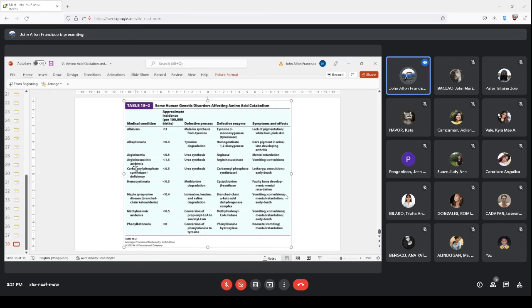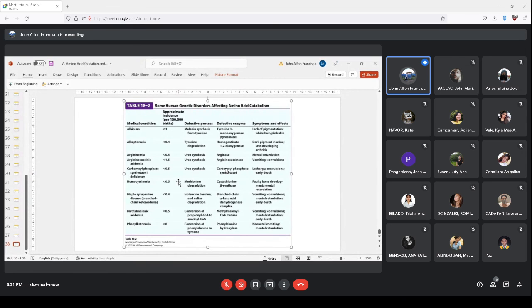Specifically with carbamoyl phosphate, when you can't convert your amino group to urea, and since ammonia is a toxic compound in our bloodstream, it will just stay there and can cause early death. So as a baby, possibly as an infant, one can die if there's no carbamoyl phosphate synthetase.